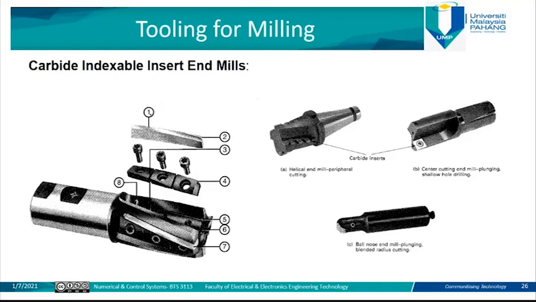Indexable here means it has an index for the different parts of the tool, and the whole one will be fixed into the spindle and will perform different operations based on the indexable inserts on the workpiece.